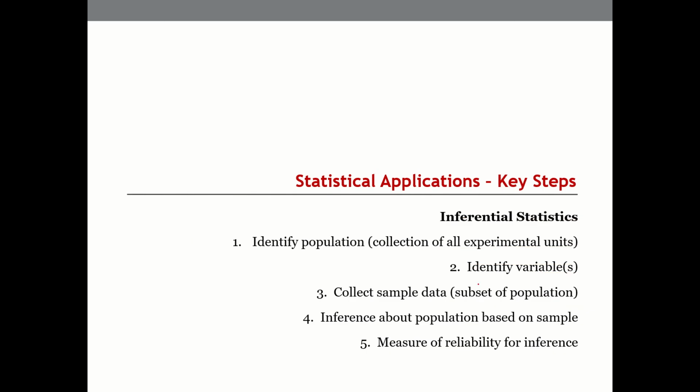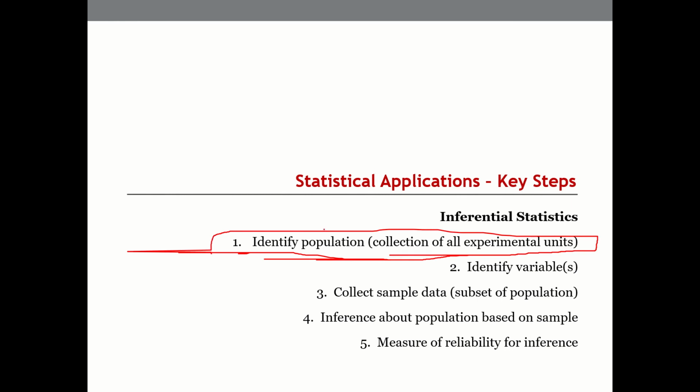The other one is inference statistics. Some of the steps are similar: identify the population, the experimental units, identify the target group, identify the variables and parameters, and collect samples from the population.